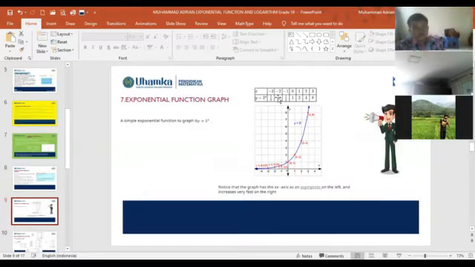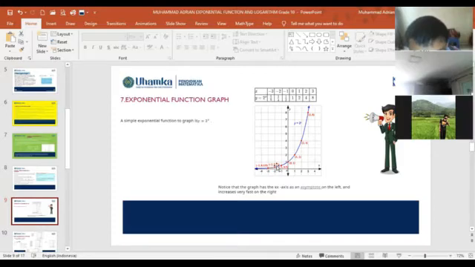Next, the exponential function graph. So you can have a picture. At x equals minus 3, you plot this dot.